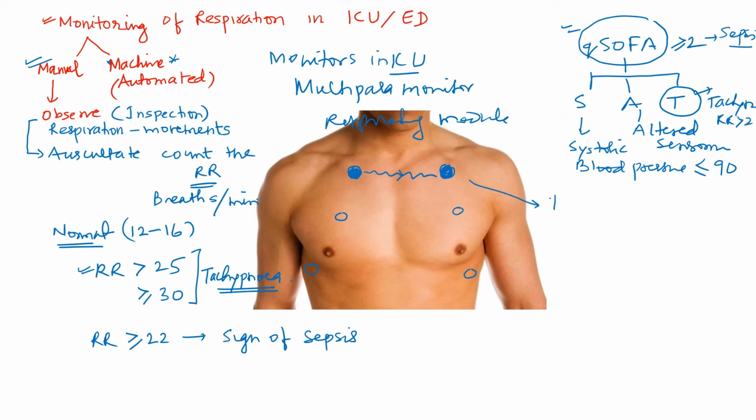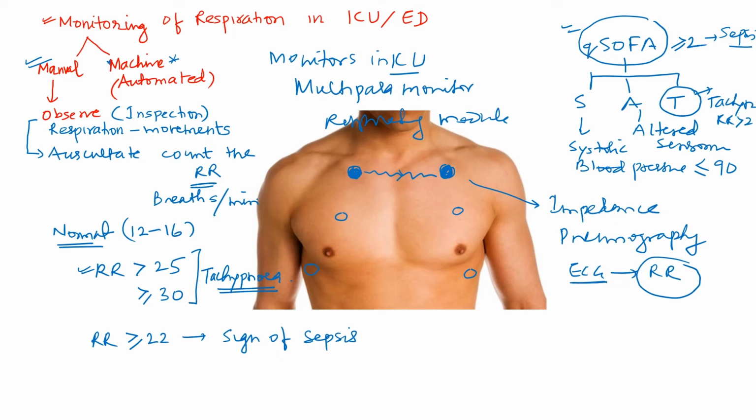And this technique is known as impedance pneumography. So this is the technique by which ECG can give you the RR, respiratory rate. Okay, so which ECG lead? Only the right lead and left lead. R for red and L green.